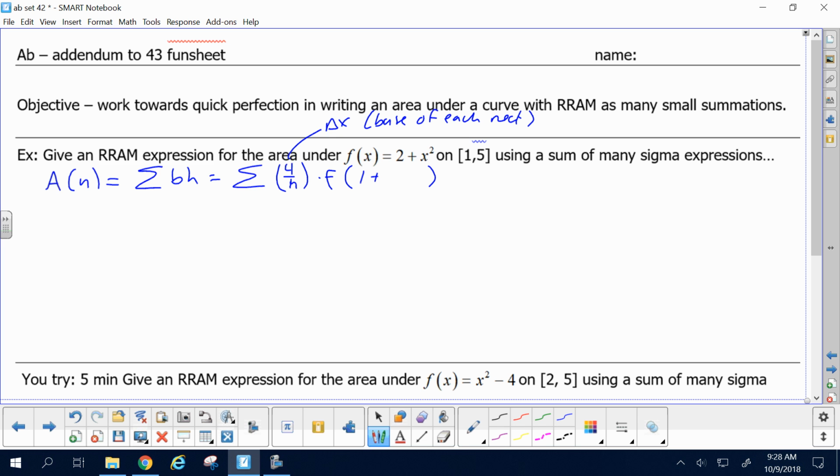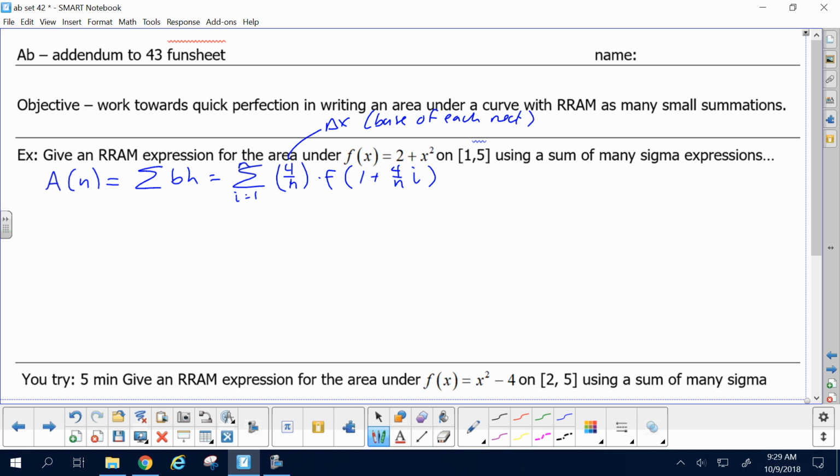So in this case, it should be something like each delta x is 4 over n, some number of times, which we call i, all right? Now because it's right rectangles, we're starting by going over 1 delta x to our first height, and ending at the last rectangle, which n stands for the number of rectangles. So far, so good? Yeah.